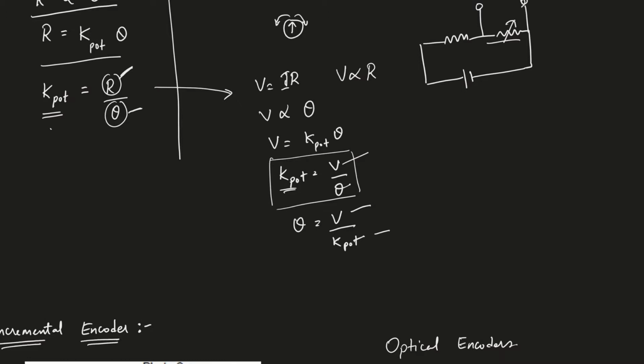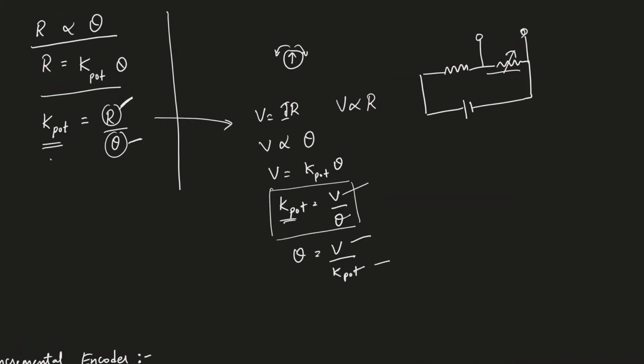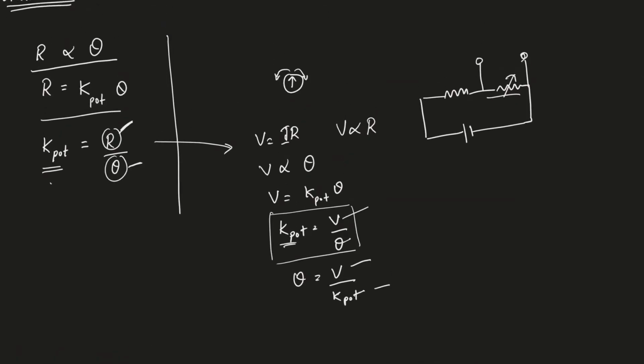Why we do this is because in an active circuit, it's difficult to measure resistance compared to measuring voltage in a circuit, right? So what we can do is build a voltage divider circuit.